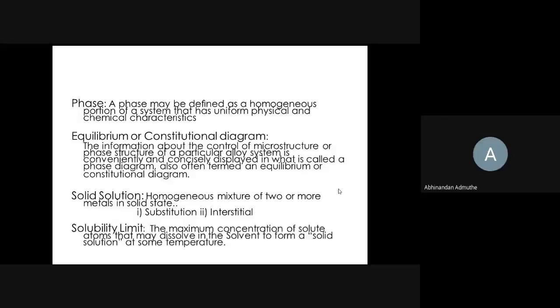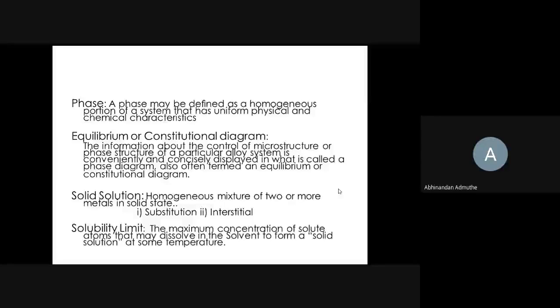Then the equilibrium or constitutional diagram. This diagram gives information about the control of microstructure or phase structure of a particular alloy system, conveniently and concisely displayed in what is called a phase diagram. It is also called an equilibrium or constitutional diagram. We get information about the different equilibrium structures present in a given alloy system.